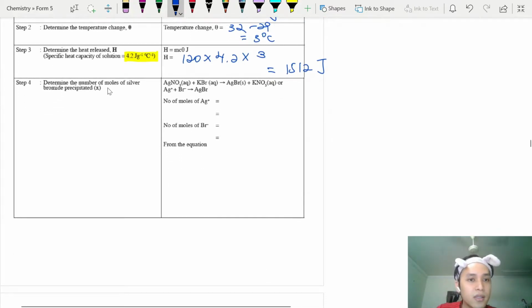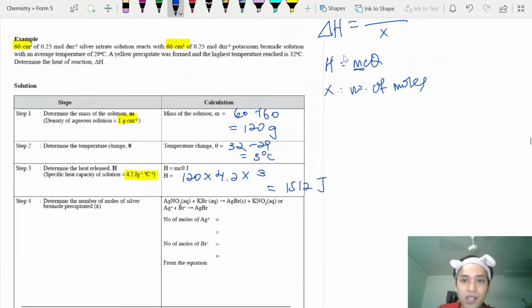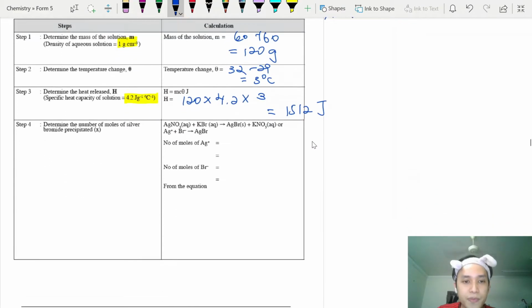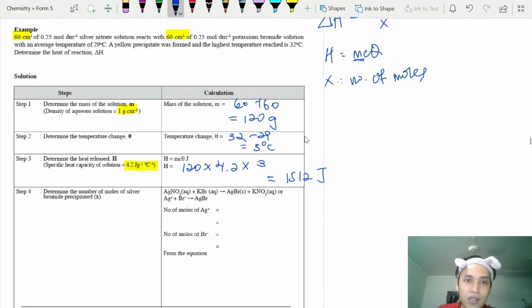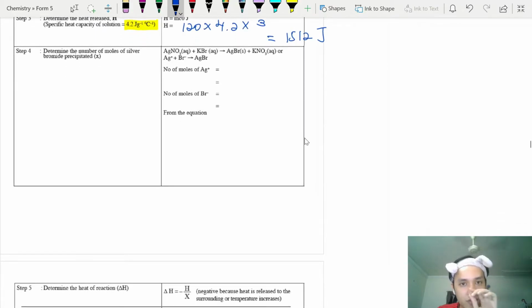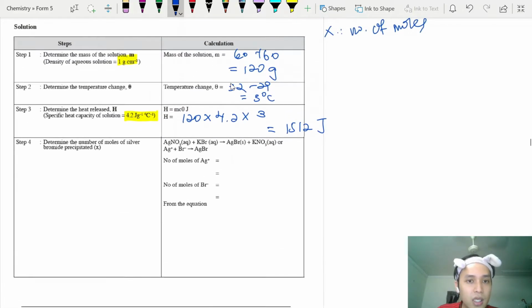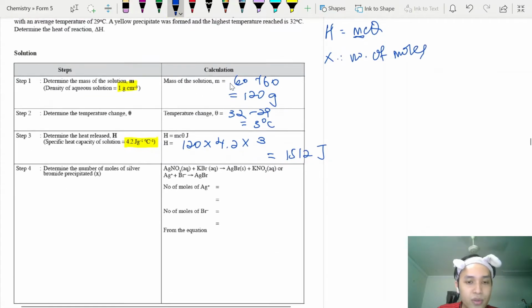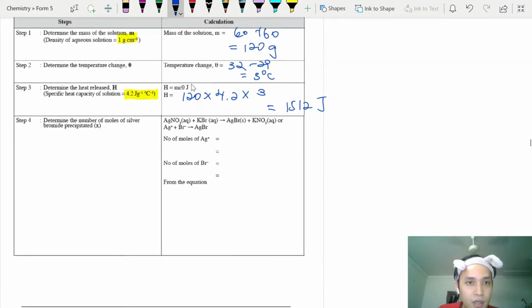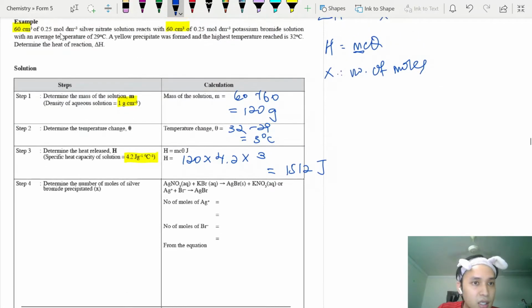Alright, determine the number of mole. Because I want to calculate the heat of reaction, I need the number of mole. This one is a little bit troublesome. Number of moles of the ions. So technically you just calculate the number of moles of both ions here. You have the same volume and the concentration, right?